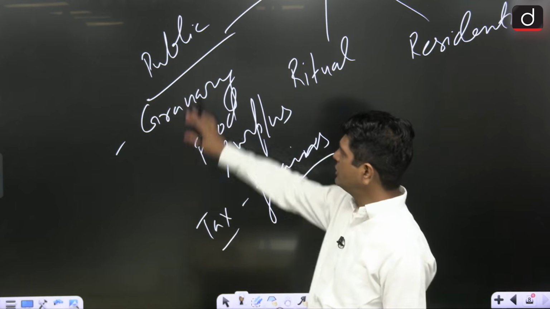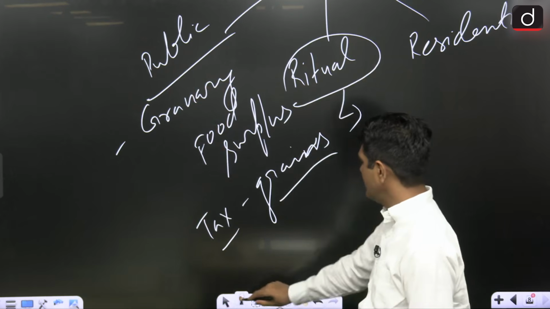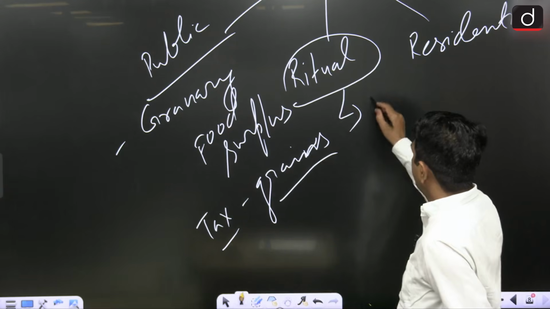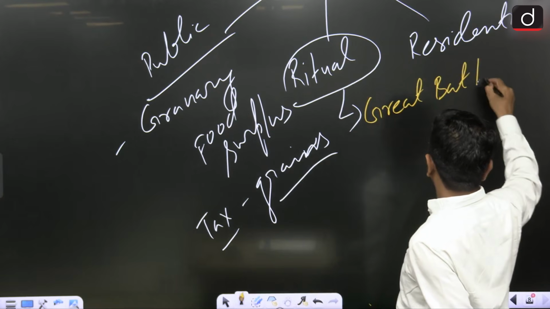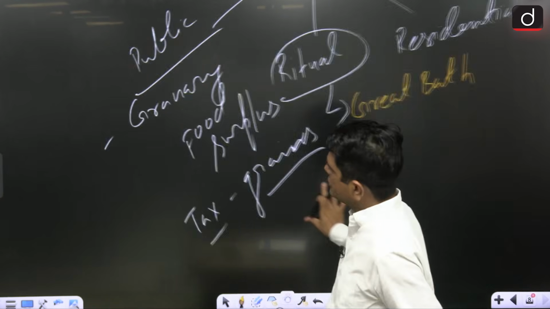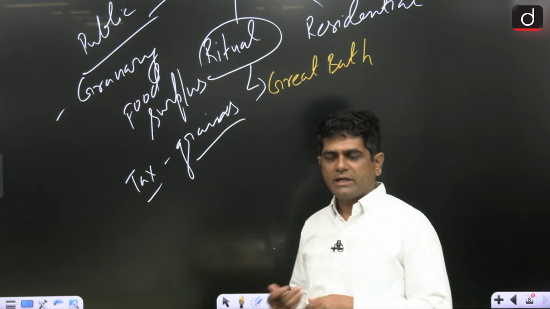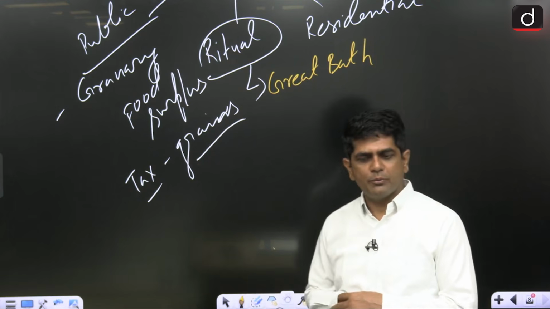So that was all about public buildings. Ritual building, an example of a ritual building, I think you all might be aware, is the Great Bath of Mohenjo-daro. We have stairs towards the north and the south, and the floor of this great bath was made of burnt bricks.